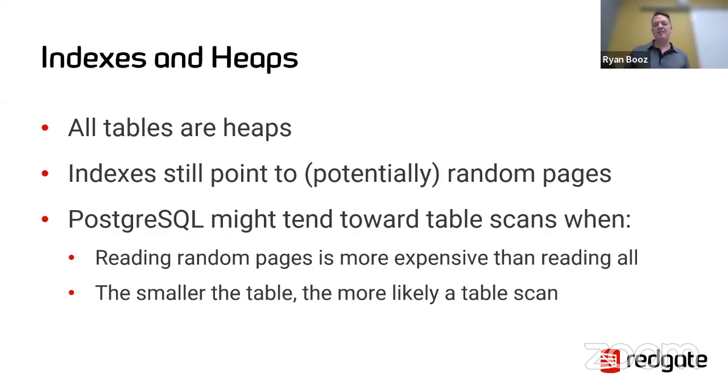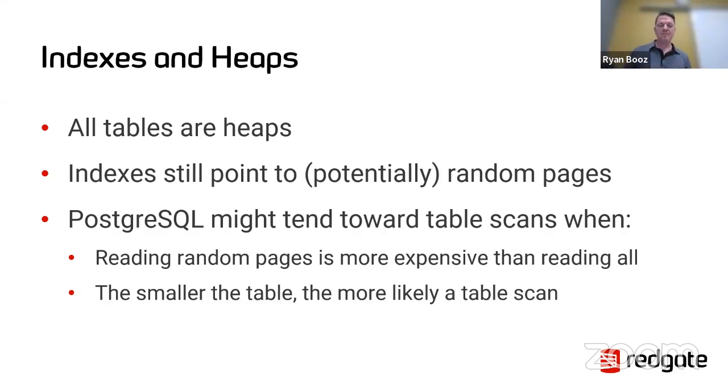Even though there's an index, Postgres said, from what I can determine, it is less costly to read all the data and just scan it as I go. This is going to happen more with smaller tables. Part of that is because the table is in memory anyway, and the effort of looking the values up and then reading the pages really is probably slower than simply reading through those pages quickly and getting the values out.